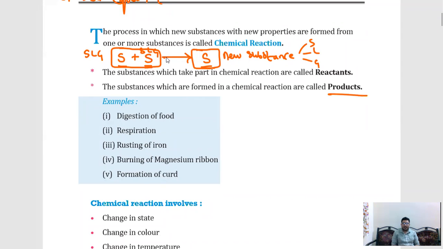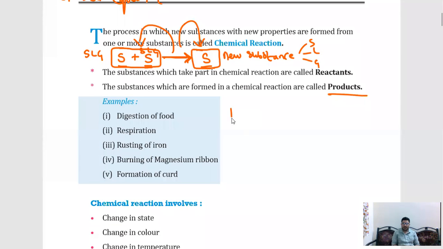This arrow mark you have to pronounce as 'gives rise to'. This side is before the reaction, and this side is after the reaction. Before the reaction, the substances taking part in the chemical reaction are known as reactants, and the substances formed after the reaction are known as products.